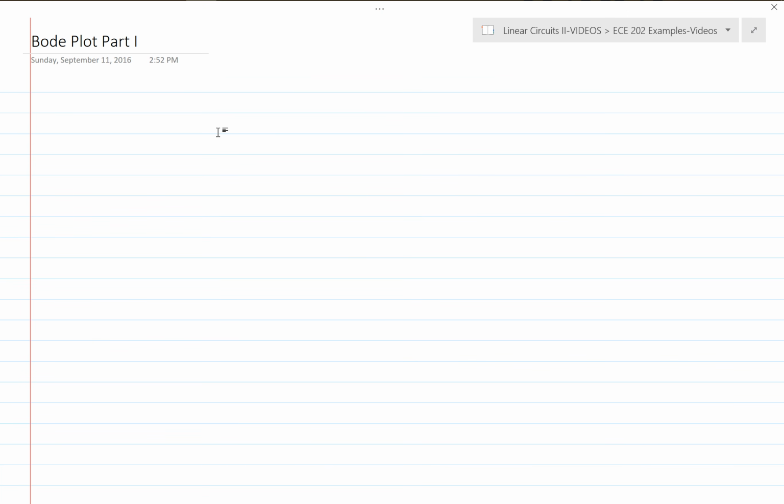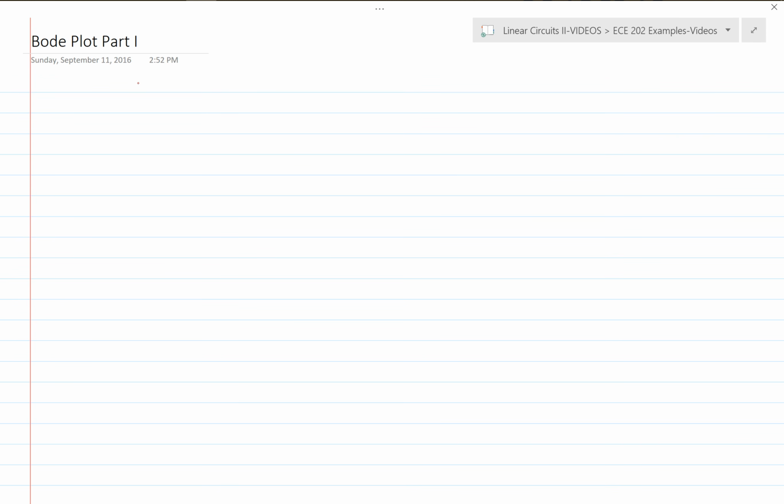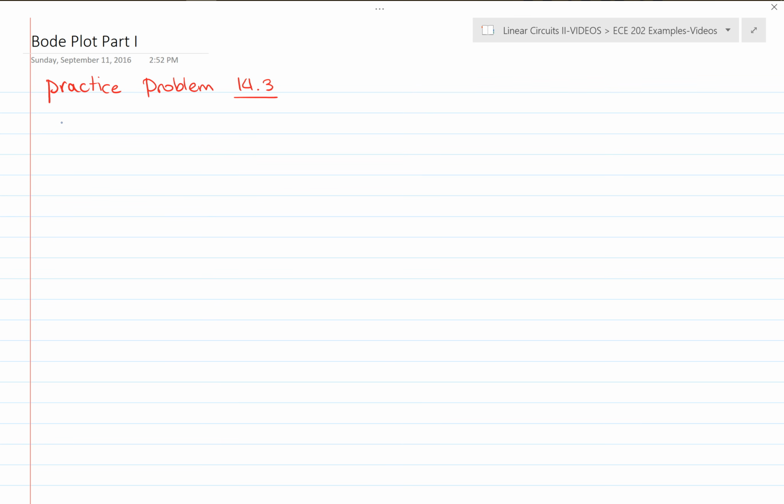So this one is practice problem 14.3. So this is the transfer function that we have in this example, for j omega multiplied by j omega plus 10.